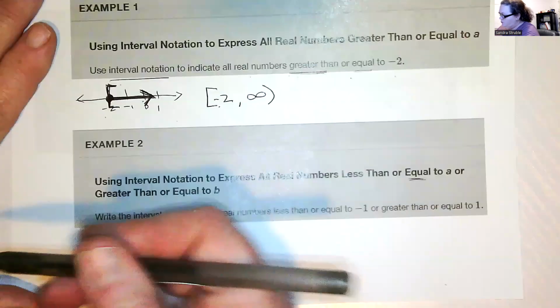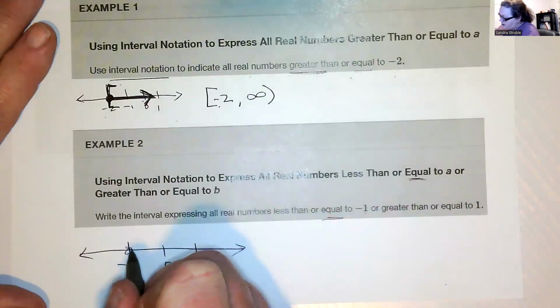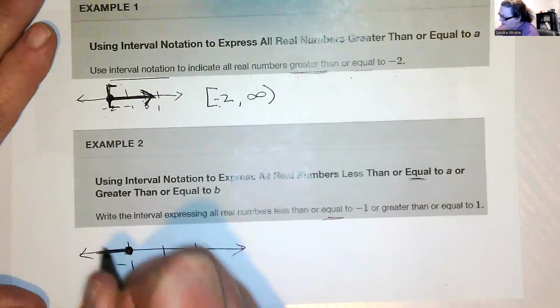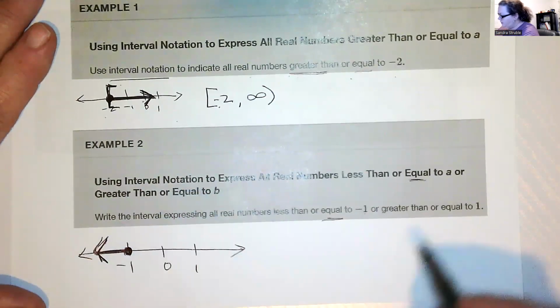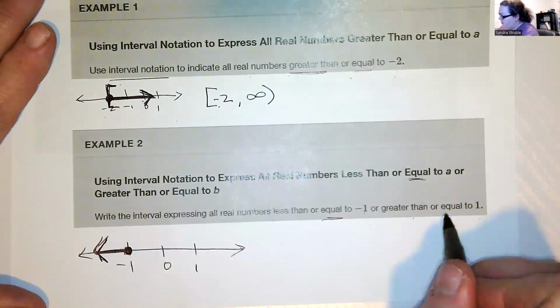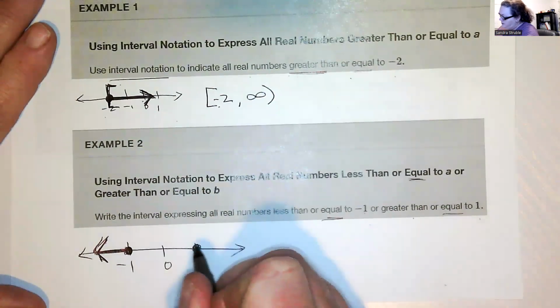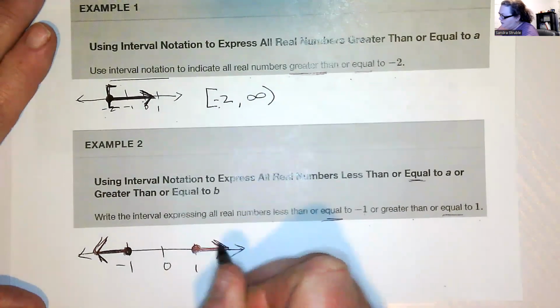So less than is going to be going to the left. -1. And it has the equal to, so it gets a dot. And then it's less than, so the arrow is going to go to the left. Or greater than or equal to 1. We've got the equals again at 1, and they're saying greater than, so that takes off to the right.